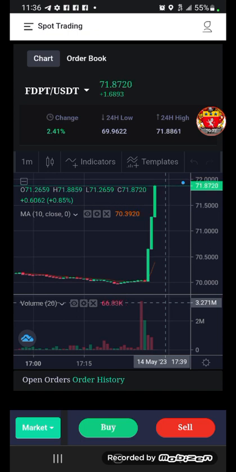Third spike, 71.88. This does this every single time, like clockwork. They have an algorithm, and the algorithm is precise. Every time it hits its mark.